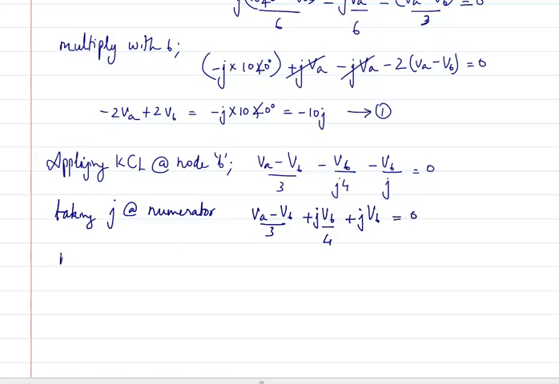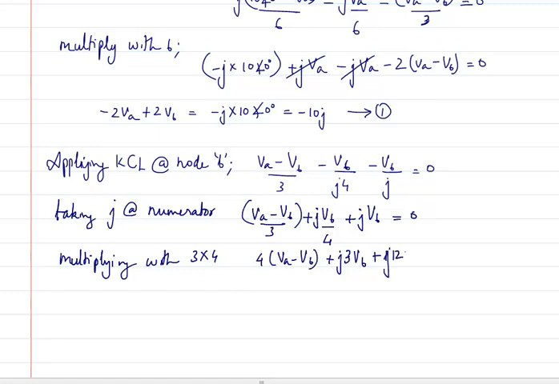So now multiplying here with 3 into 4, I will get 4 times VA minus VB. Okay, this was a single bracket, and then plus J3 VB, then plus 3 into 4 is 12, J12 VB is equal to 0.